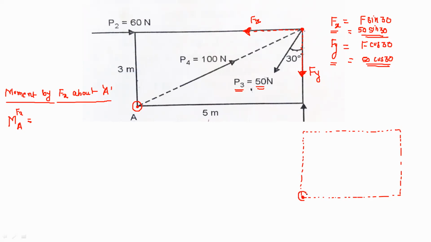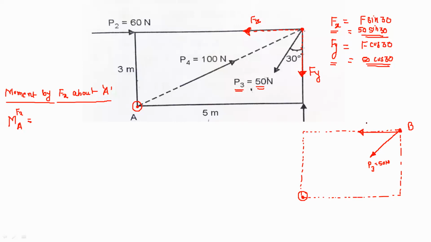So this is your point A, and this is the point B, where P3 is acting. So this is the P3, that is equal to 50 Newton. And we have resolved this force like this.